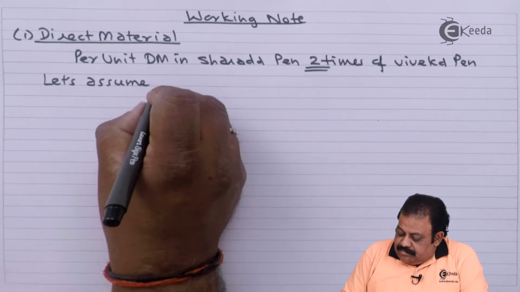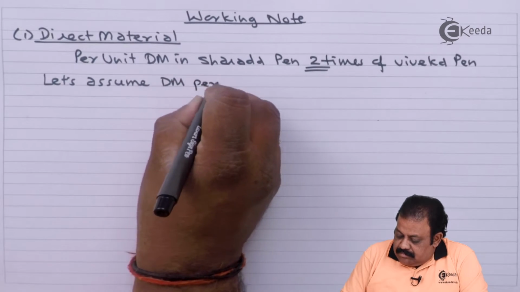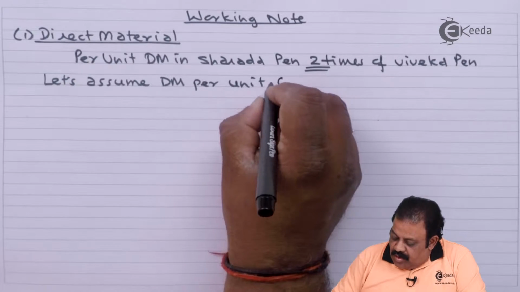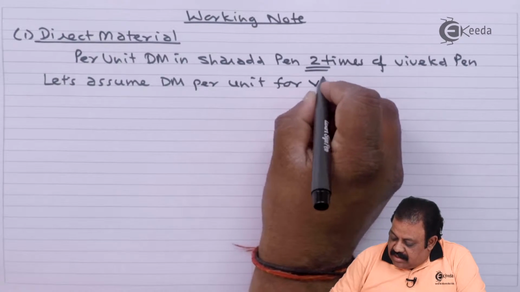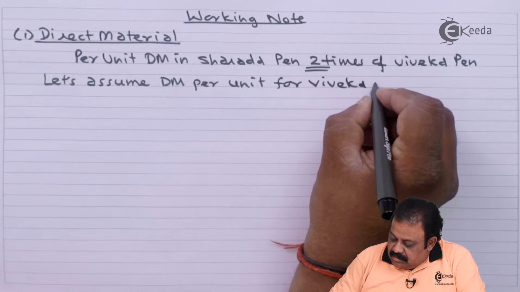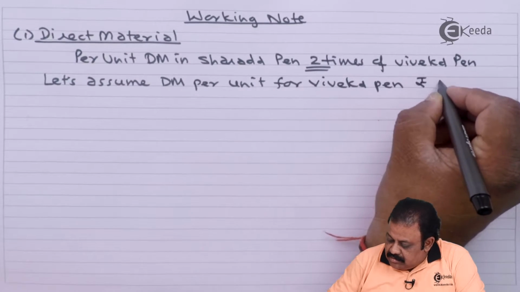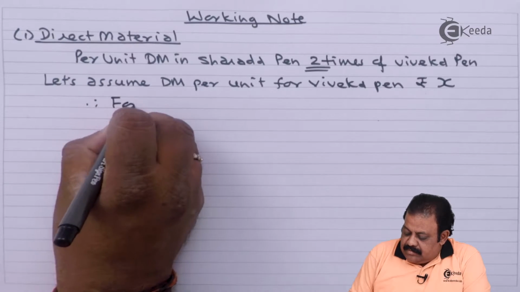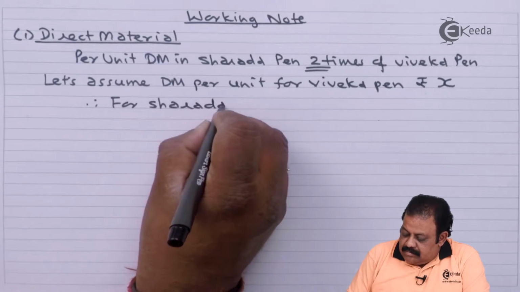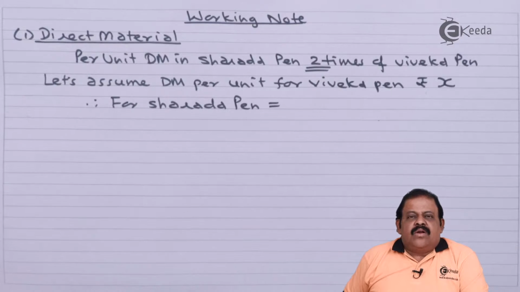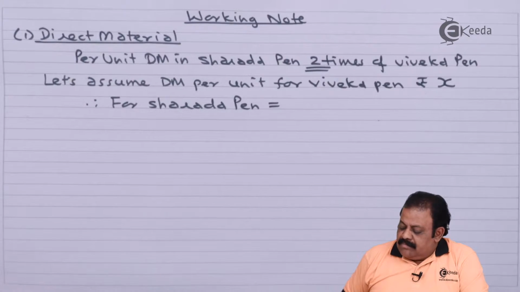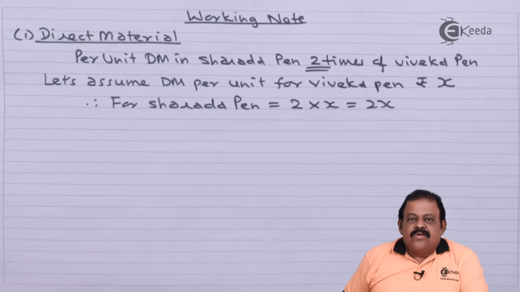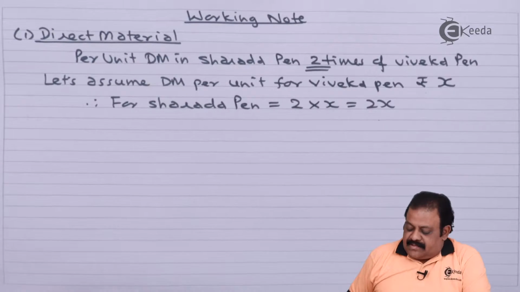Let us assume direct material per unit for Viveka Pen is rupees X. Therefore, for Sharda Pen, it is double. So 2 multiplied by X, 2X.